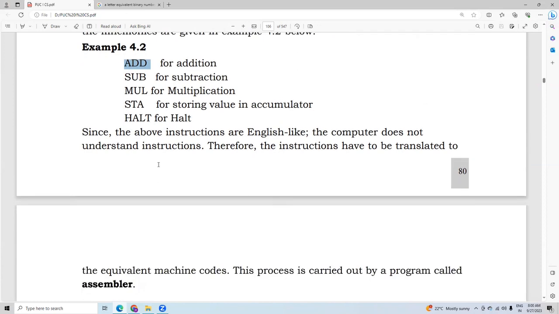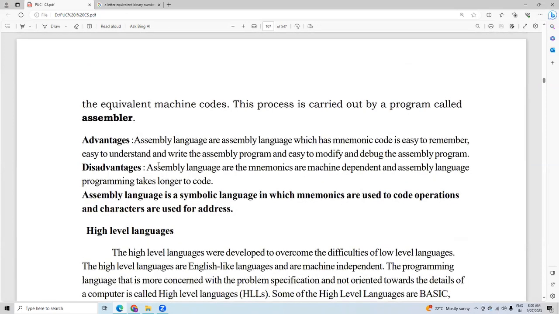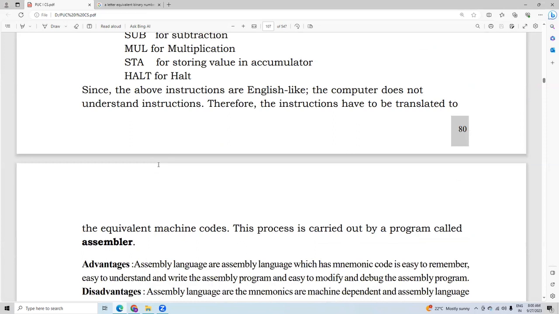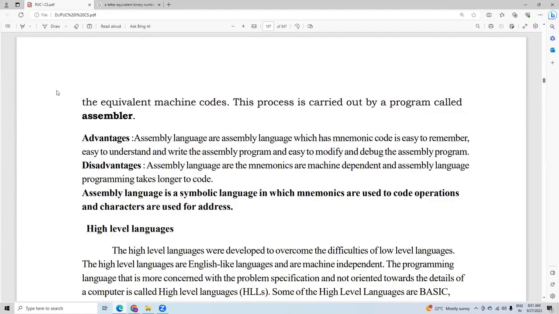So, English-like words, right? But the problem is the computer doesn't understand English. So these mnemonics have to be translated to binary language so that your computer can understand. And that is done by an external program called what? Assembler. It is a translator, which translates assembly level language mnemonics to binary.